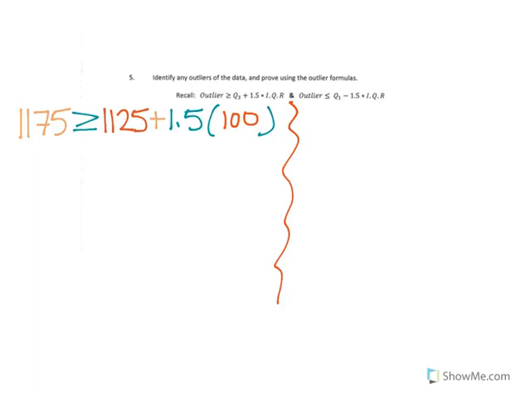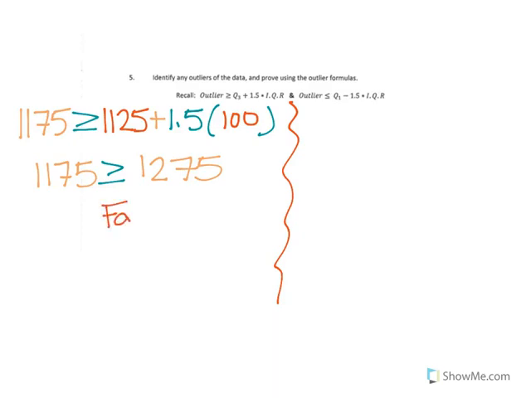Okay, question 5. So this time they gave us the outliers formulas to use, and we know all the information, so we're just going to go ahead and plug it in. So here is the upper outliers test, and when we plug those numbers in, we get 1,175 is greater than or equal to 1,275.